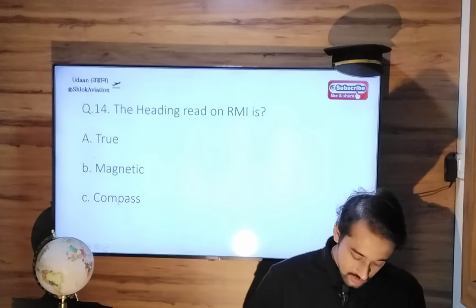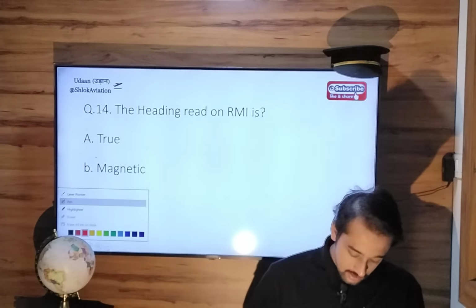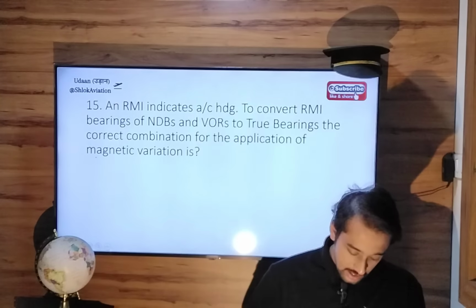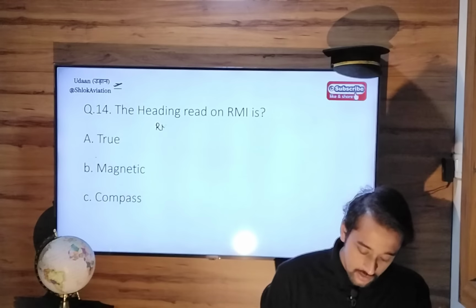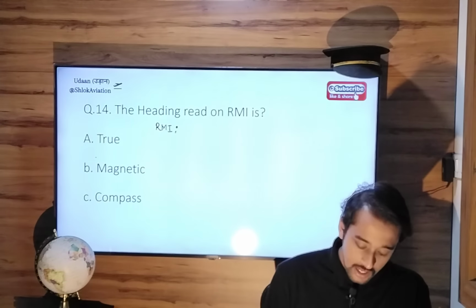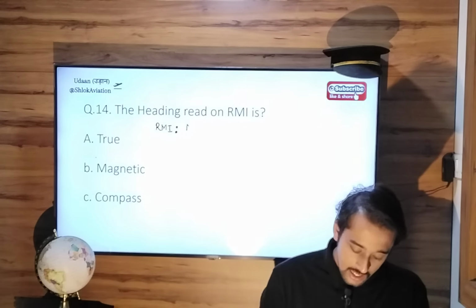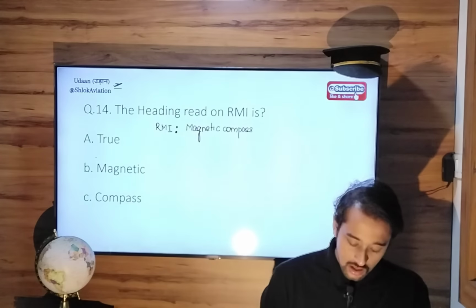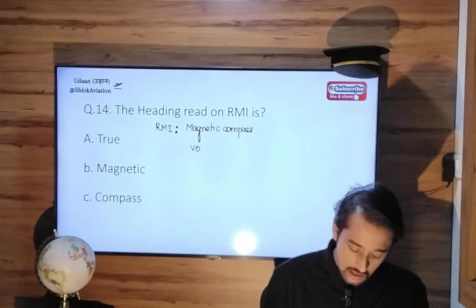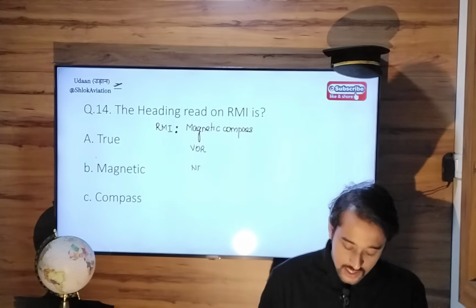So very important point is that an RMI is a combination of magnetic compass, a VOR, and NDB ADF system.